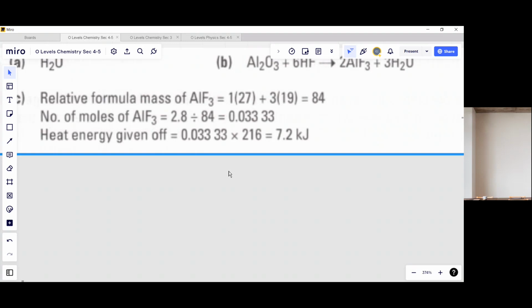This one you have to know as well, because like you said, you want a color change. KI, what color is KI? KI is a potassium salt. It's a colorless solid, but you can dissolve it in water to be a colorless solution.